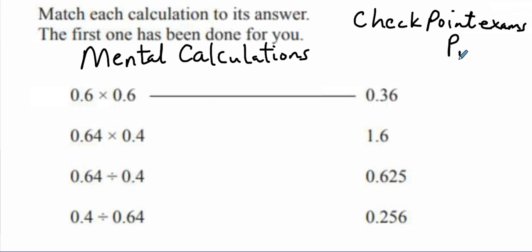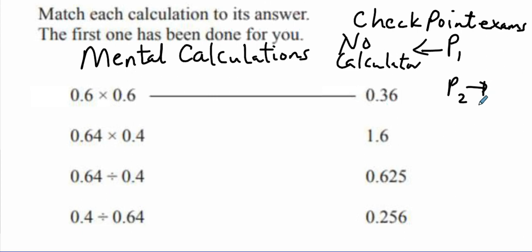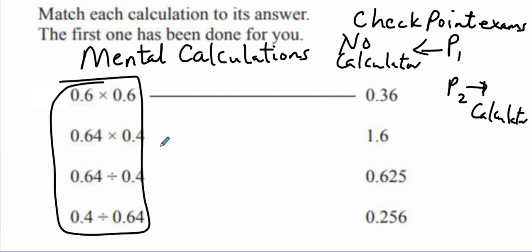You will have paper 1 and paper 2. In paper 1, no calculator. See that? In paper 1, you don't have to use a calculator. But in paper 2, you will have to use a calculator. So guess what? This type of question usually comes in paper 1.